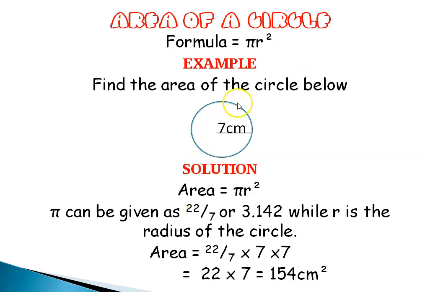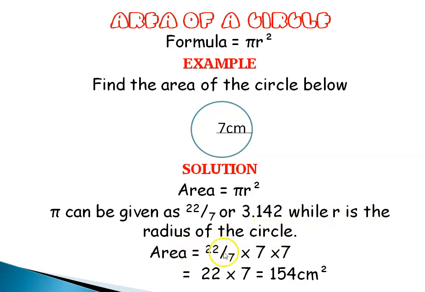But in this question, what you're given here is the radius. The radius is 7 centimeter. So let's look at how to solve this. You know the area, pi r square. Your pi can be given as 22 over 7 or 3.142, while r is the radius of the circle.